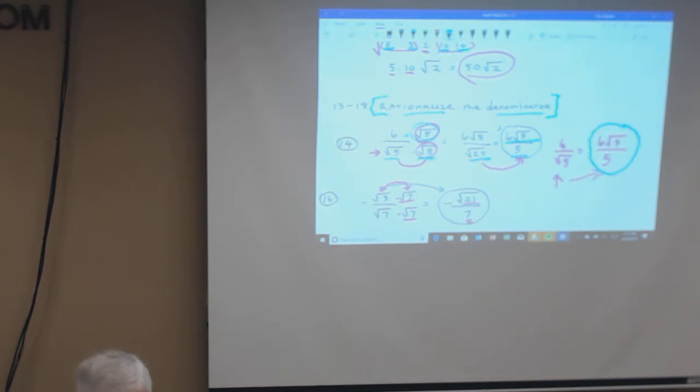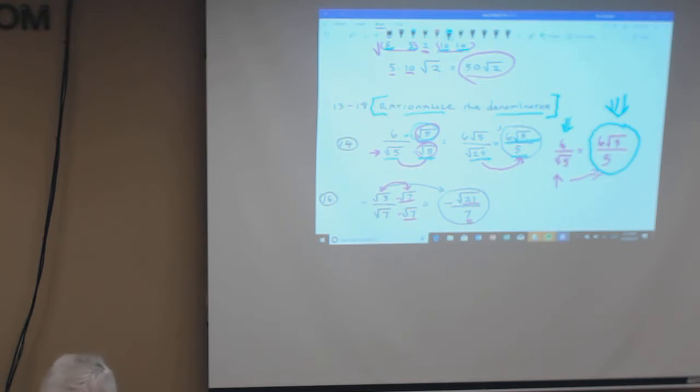Now watch what I just said. Problems 13 through 18 say rationalize each denominator. So here's my original fraction, and here's my new fraction. Is it fair to say my new fraction looks more complicated than my original fraction? It usually will, because I'm rationalizing the denominator.